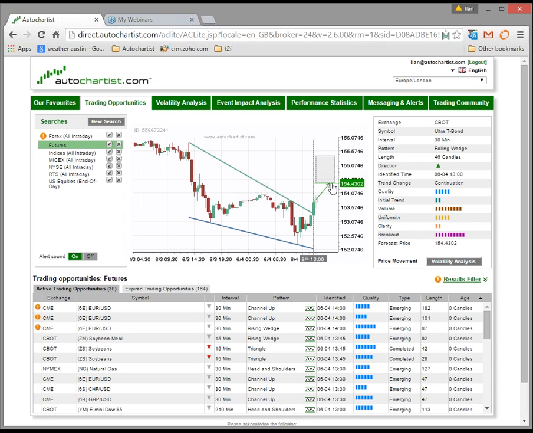Now, this forecast level is not some kind of guess that Autochartist provides. In fact, there's nothing new about what Autochartist provides. This is not a new type of analysis. The theory of support and resistance and chart patterns has been around since the 1930s.